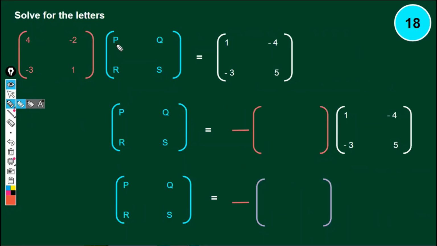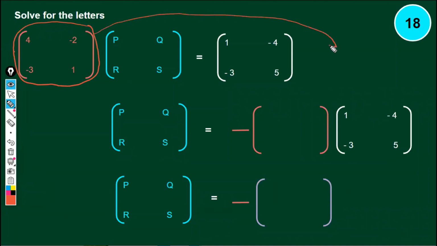We're still going to keep the P, Q, R, and S on one side of the equal sign, and we are still going to throw across this matrix here. When we throw across this matrix, though, remember in the last question, when we threw it across, it landed quite here. But remember the rules when throwing across a matrix.